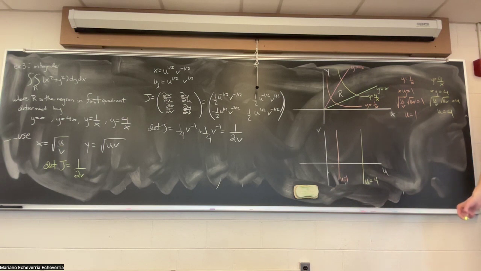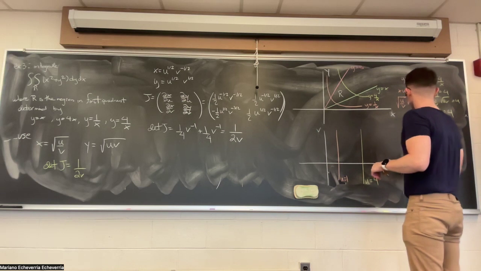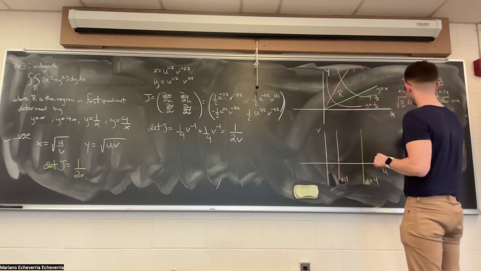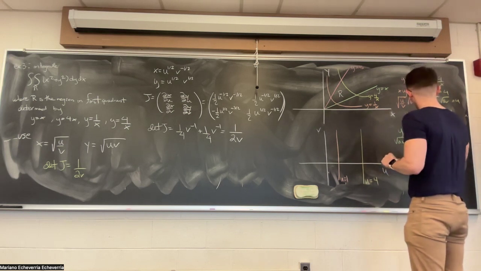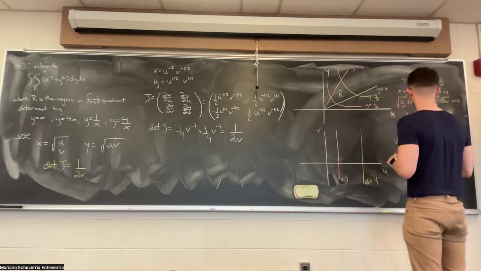And let's do the same for the other two. What can you say about y equals x? Y equals x is the same as saying root of uv is the same as root of u over v. Again, because of the same idea, the roots of u cancel, and then you multiply by root of v, so you just get that v equals 1.